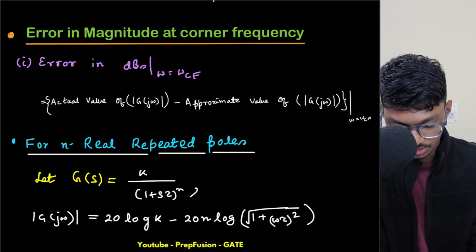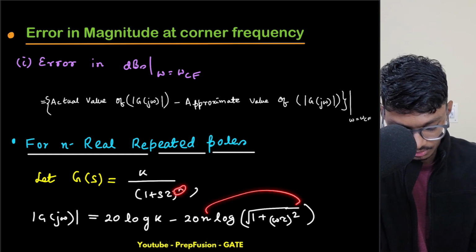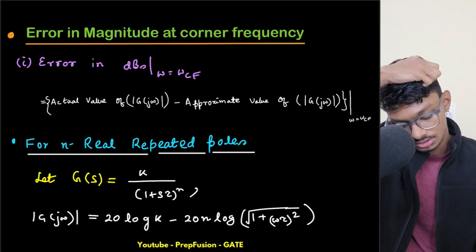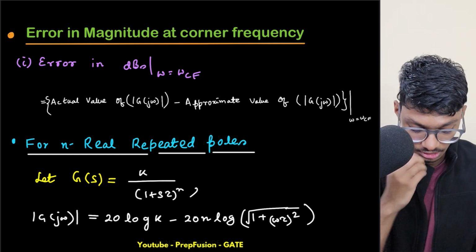This comes up, right? So n comes outside. So this is basically the equation of the magnitude.